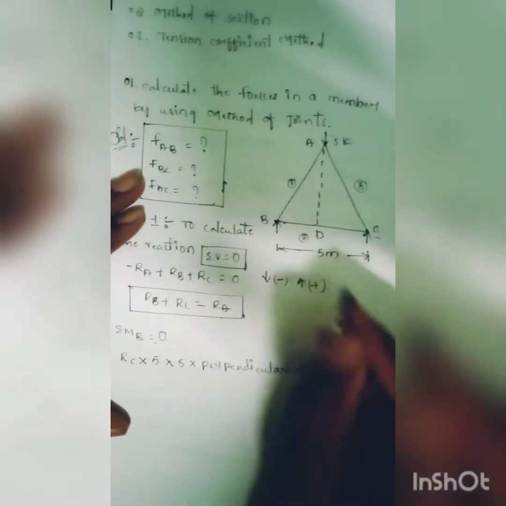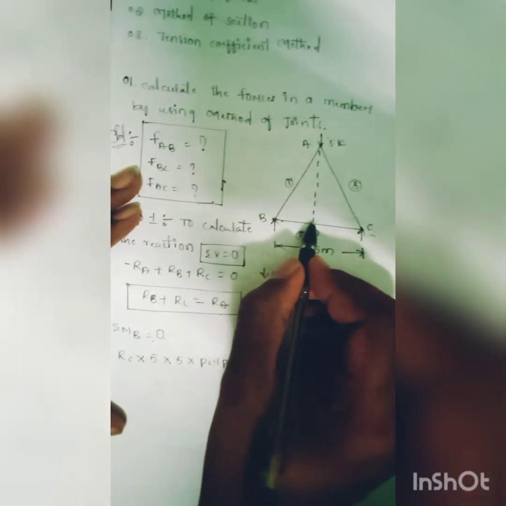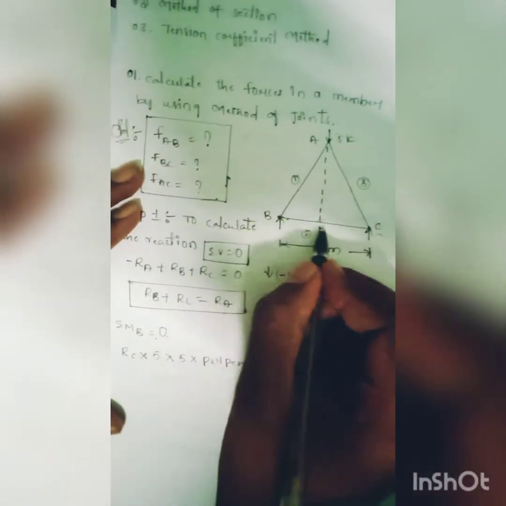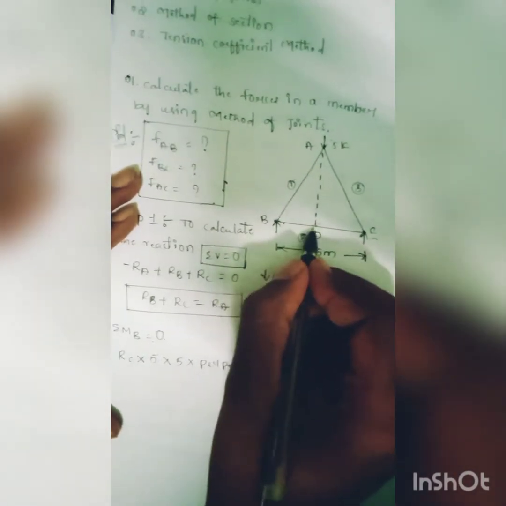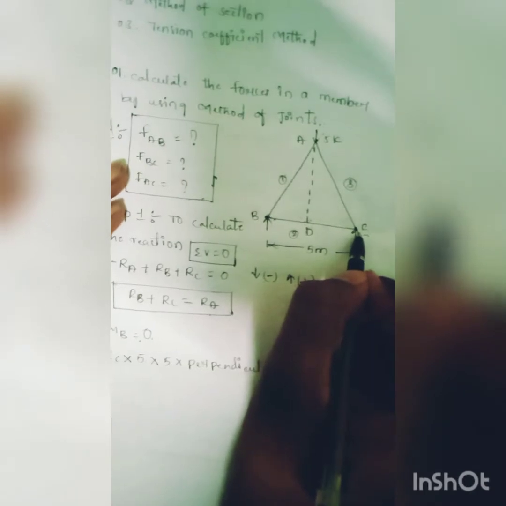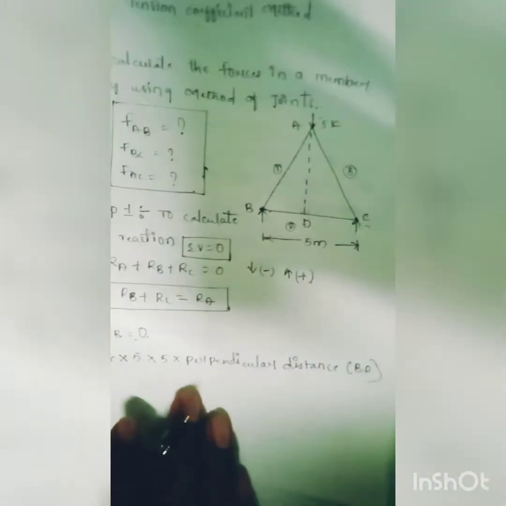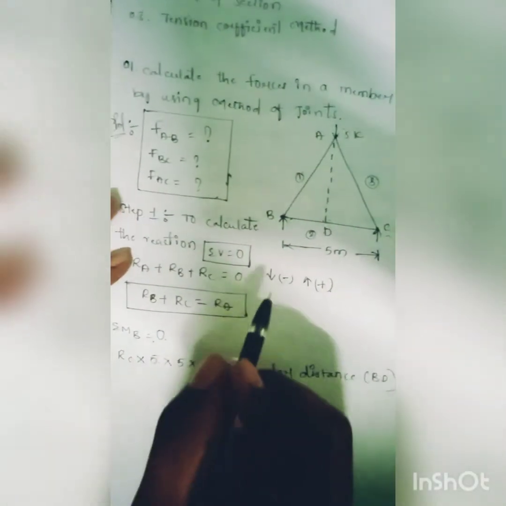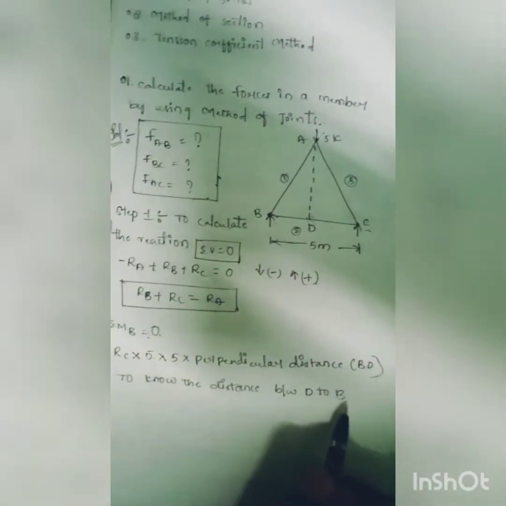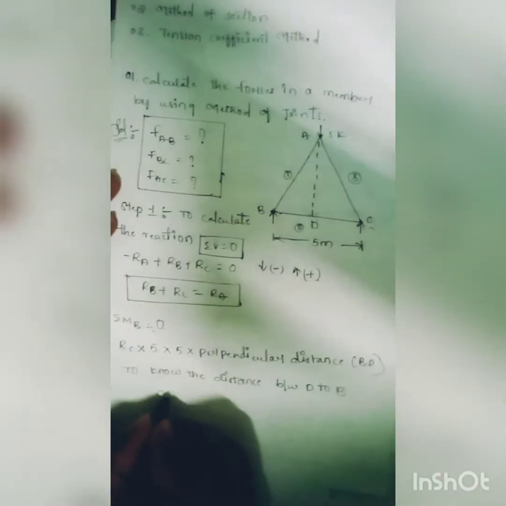Here we are going to calculate the distance between B and D. How to calculate this distance BD? Before that, we are going to calculate the length of AB and the length of AC. After that we are going to calculate the length of BD. To know the distance between D and B, take cos theta.